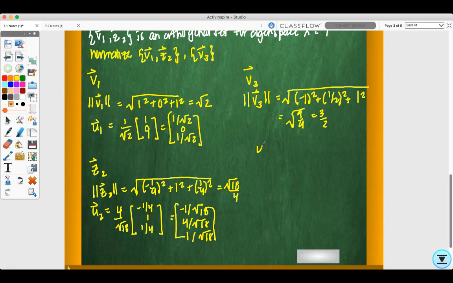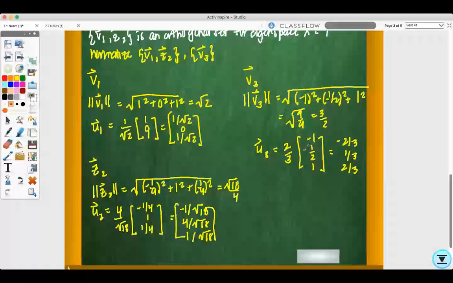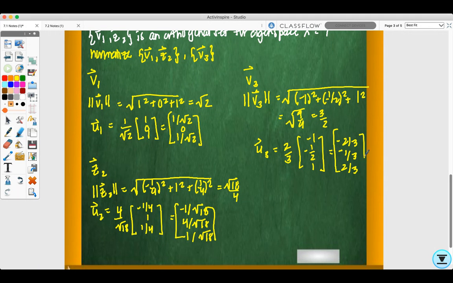So U3 would equal 2/3 times negative 1, 1/2, 1, which would be negative 2/3, 1/3, 2/3. And this should be negative here and negative here. That's a negative 1/2. I dropped it by mistake.